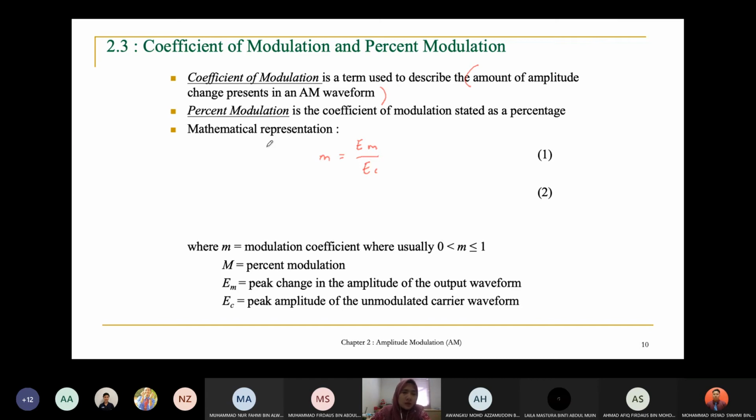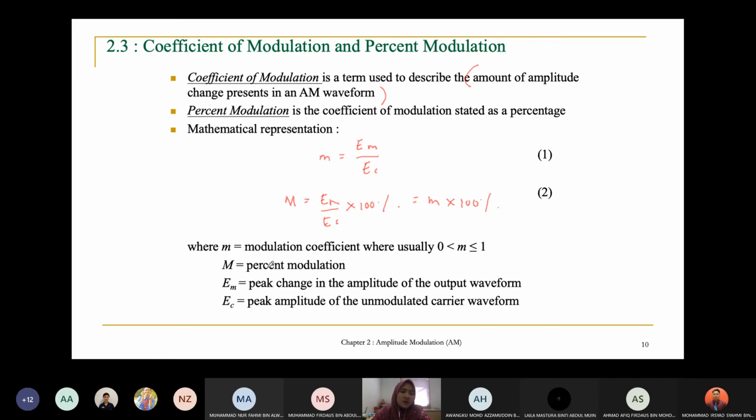So we define percent modulation as capital M. Percent modulation is equal to EM divided by EC multiplied by 100%, or equal to small m multiplied by 100%. So basically coefficient of modulation and percent modulation are the same thing. However, percent modulation is in percentage.